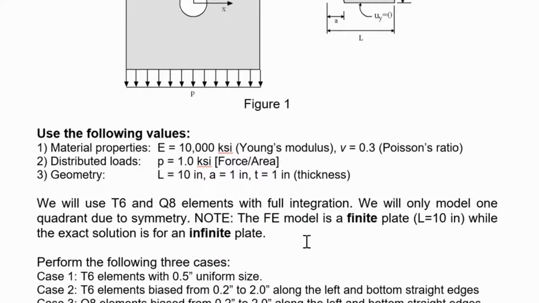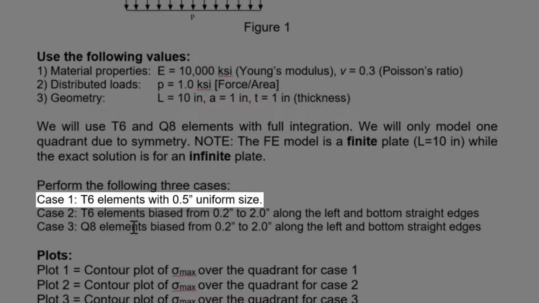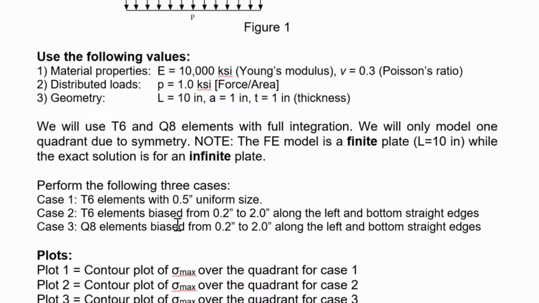In terms of modeling, we will subdivide the plate using both triangular T6 elements and quadrilateral Q8 elements with full integration. We will produce 3 models in 3 different cases of mesh and element types. Case 1, T6 triangular elements with a 0.5 inch uniform size.